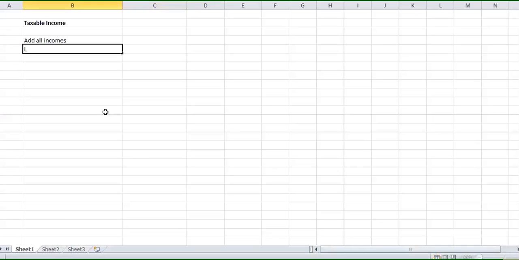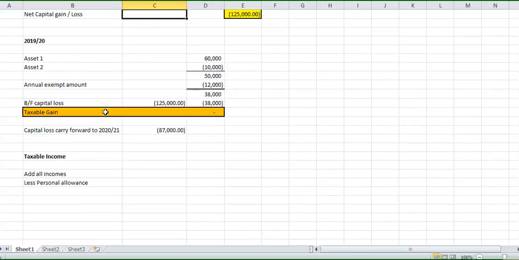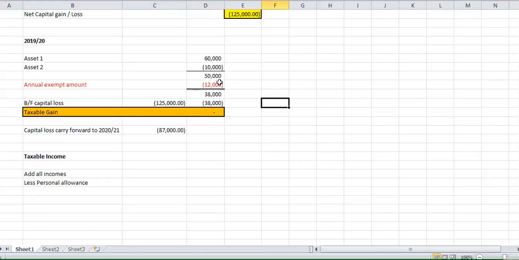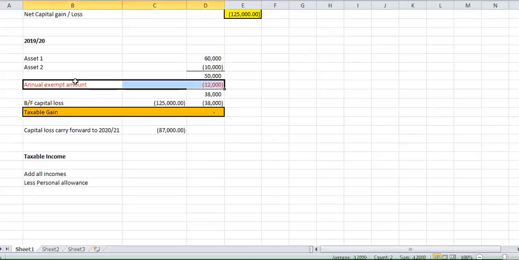less personal allowance. So just like capital gains tax, we have discussed over here what is annual exempt amount. Students, annual exempt amount is a relaxation available to every individual every year.